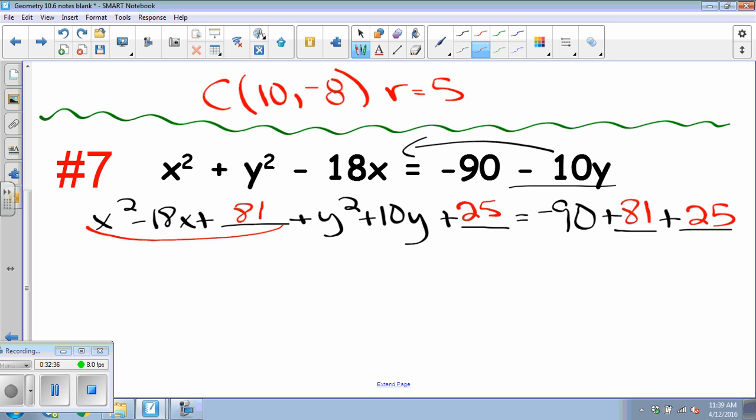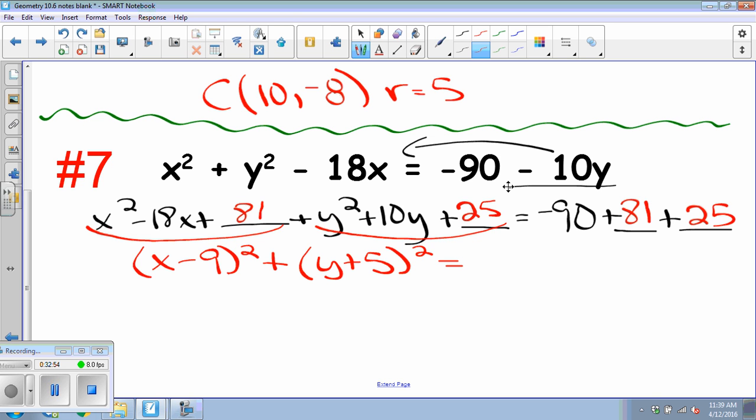Now, this can be written as x, what? x minus 9, squared, plus (y plus 5) squared equals 16. So the center is, what's the center? 9, negative 5. And the radius is 4. Very good.